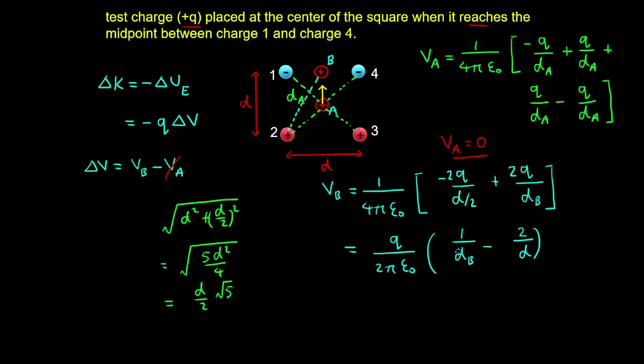So if we substitute for dB, we get 2 on D root 5. And if we multiply this by root 5 on root 5 and factor out 2 on D, we get Q on pi epsilon naught D times 1 minus root 5 on root 5.